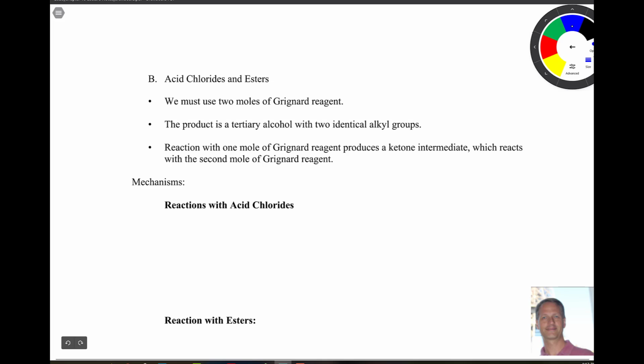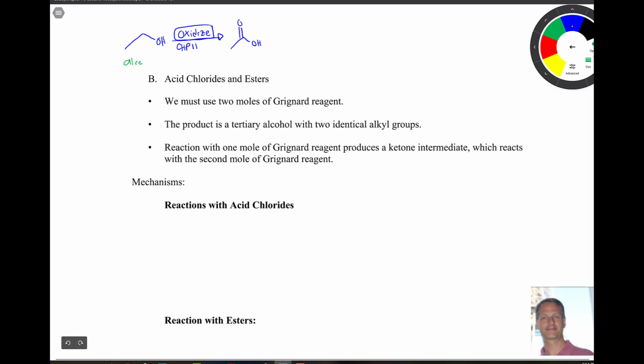So acid chlorides. I want to show you a way that we can make acid chlorides, and we're going to look ahead a little bit. This is a chapter 11 reaction, and we're going to learn what reagents we can use to do oxidations of alcohols. But one thing we can do is turn them into carboxylic acids.